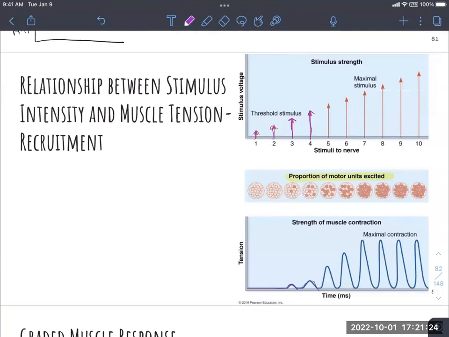Another stimulus, we go even higher, more muscle fibers recruited. As we keep getting more stimuli, when we hit that maximum stimulus, all of these muscle fibers have been activated. So we get the maximum contraction we can have at this point.